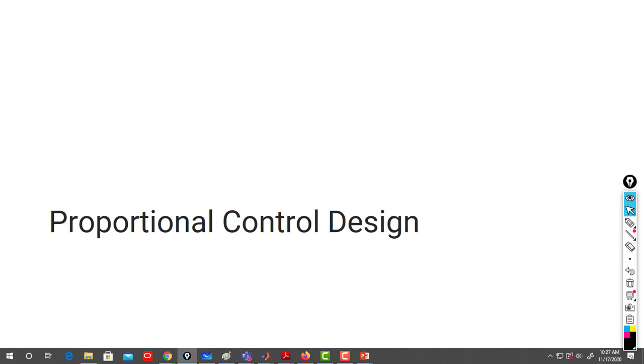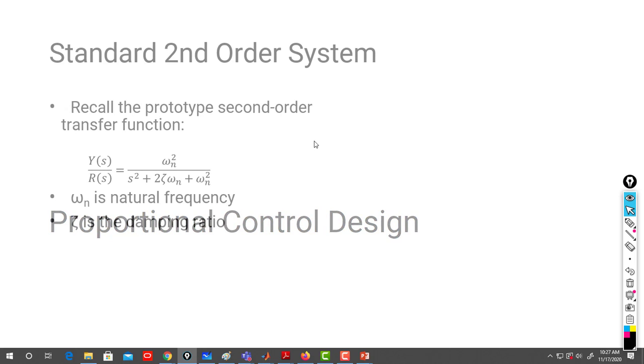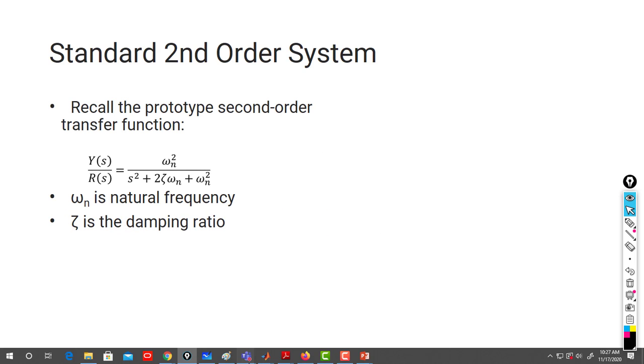Or if you wish, between your desired closed loop poles and your actual closed loop poles. So you do this system identification, okay, to design your controller.